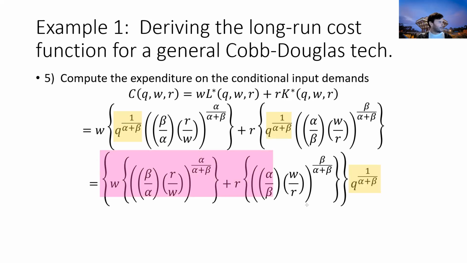What can you tell me about all the numbers or values that are left in that pink box? What types of values are they? All alpha, betas, W's, R's. They're all what? Yeah, they're constants. Is that right? They're all constants.